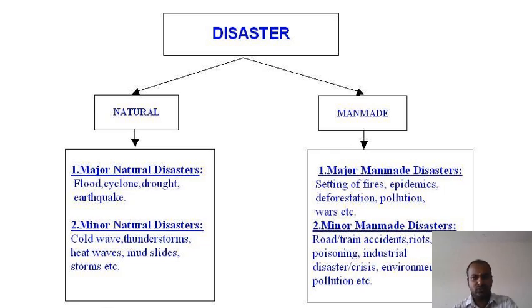Of the two types, natural and man-made, we can control only man-made disasters. If we follow the rules and regulations properly, we can reduce man-made disasters.